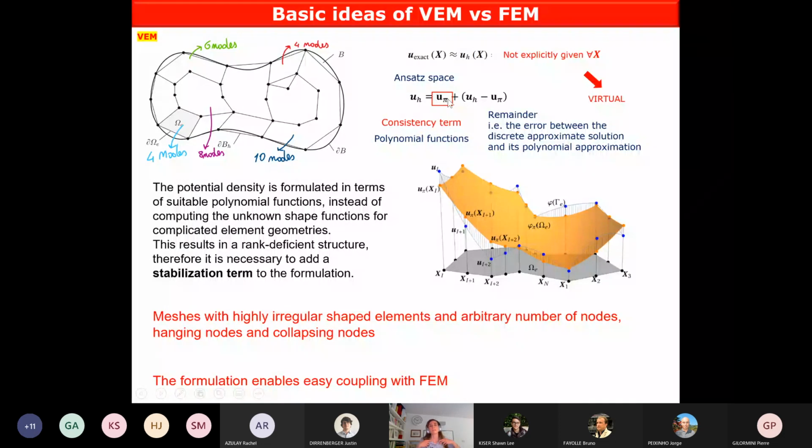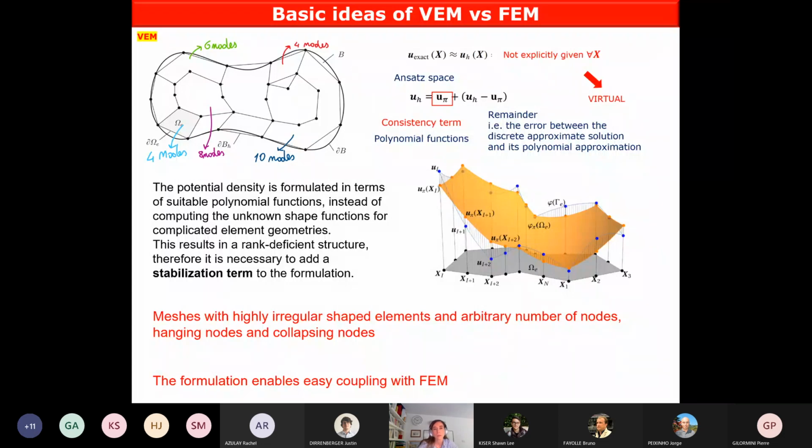The main difference with respect to finite element is that it is possible to work directly in the physical space of the element, so without moving to the parent space. And it is possible to deal with very irregular shapes, also accounting for convex and concave elements.